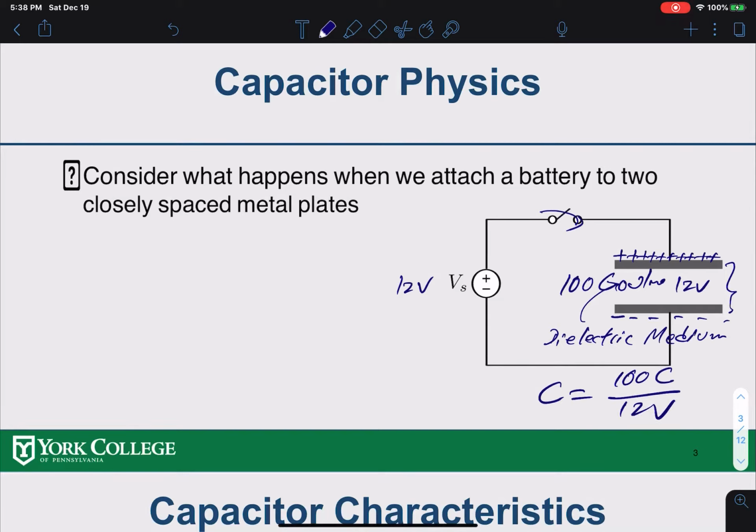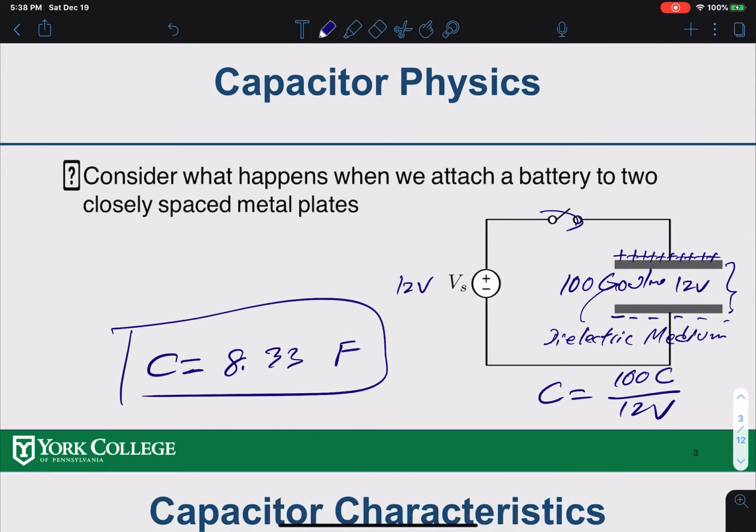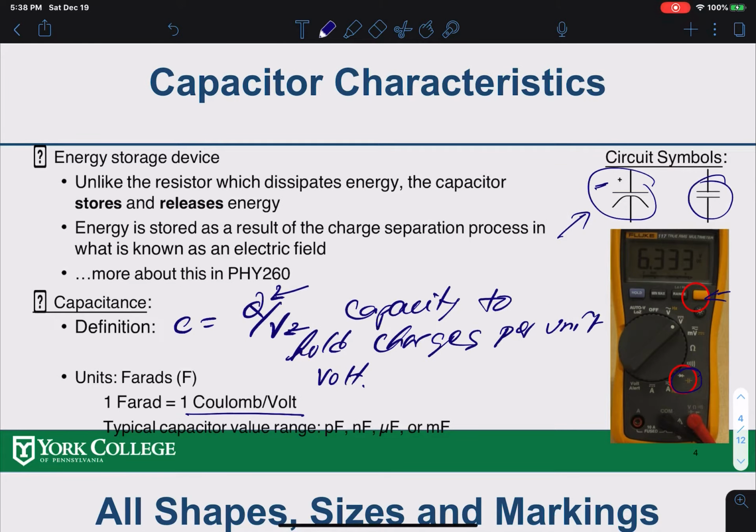That is 100 over 12, which is about 8.33 farads, right? That's your capacitance for that plate. So how much charge you can hold per unit volt, that's your capacitance. That's what you have, C equal to Q over V. And that's coulomb over volt, all right?